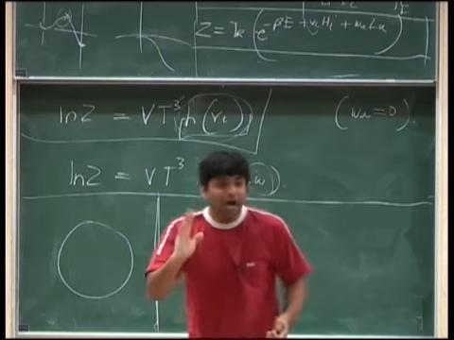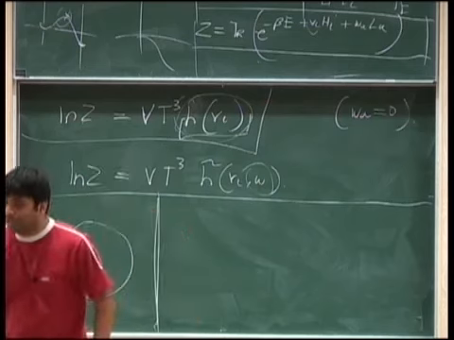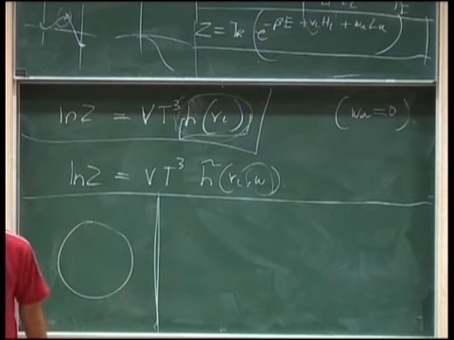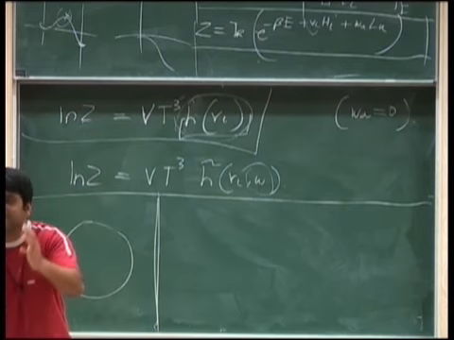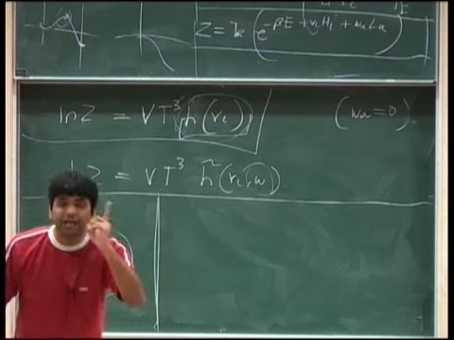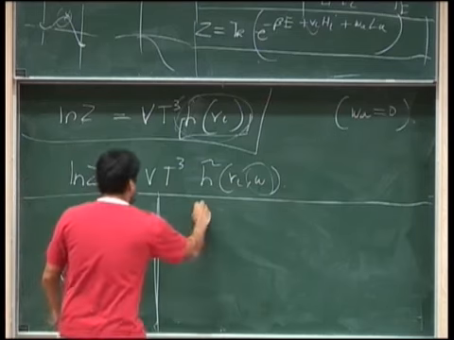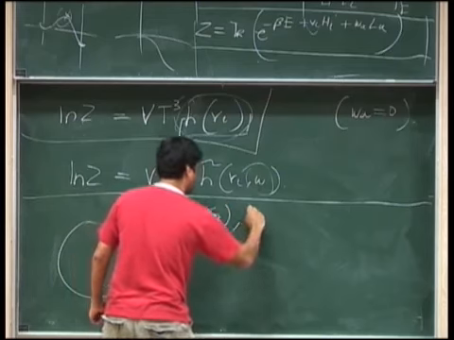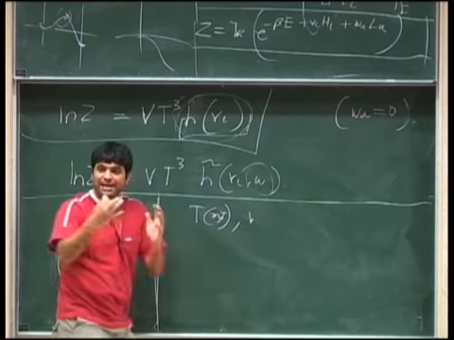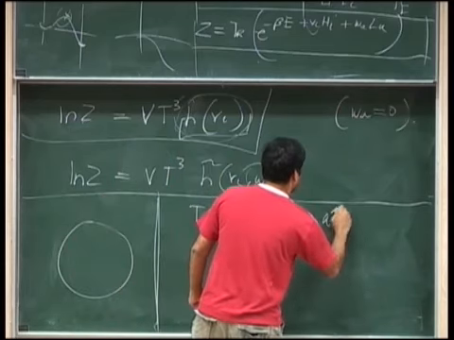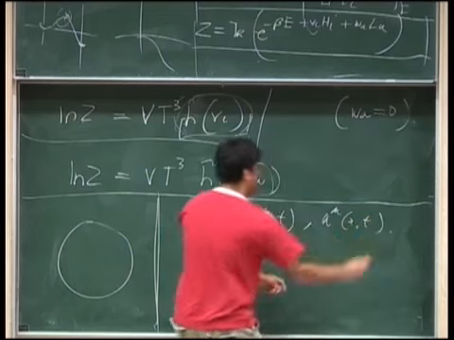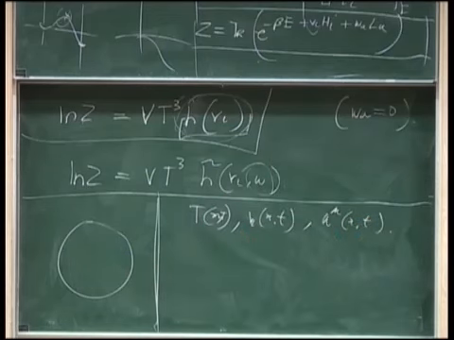So in some appropriate limit, and we'll describe what that limit is in a moment, there should be an effective description of dynamics whose variables are T of x, nu i of x, and u mu of x, where x is space and time, and u mu is a 4-velocity.